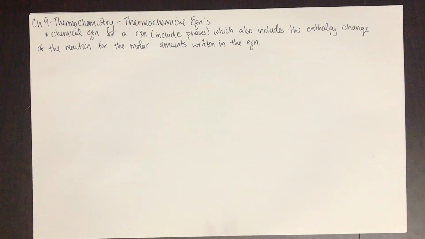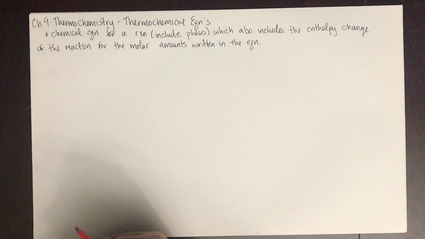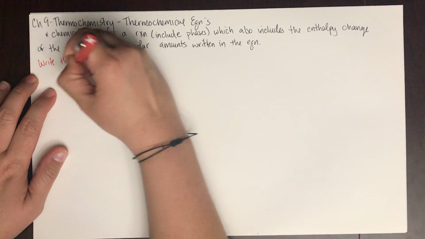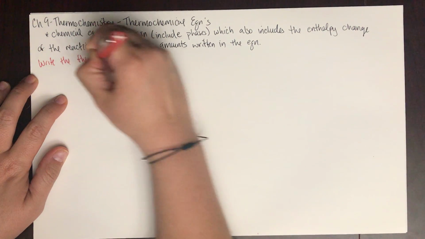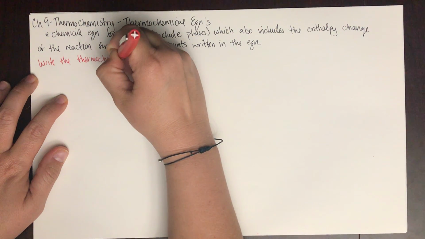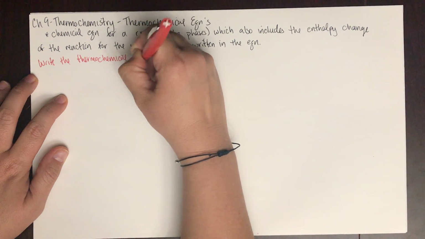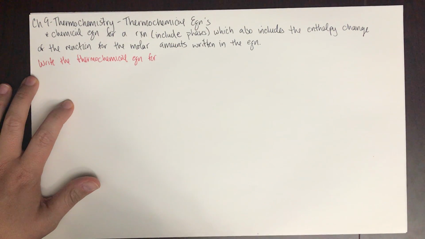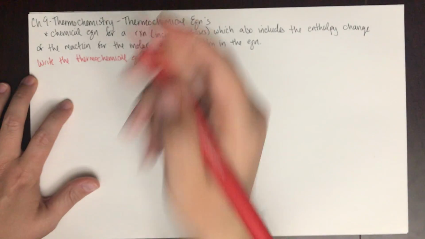Okay, so let's break that apart a little bit. Here is an example. We're going to say, write the thermochemical equation for the reaction of sodium metal with water.